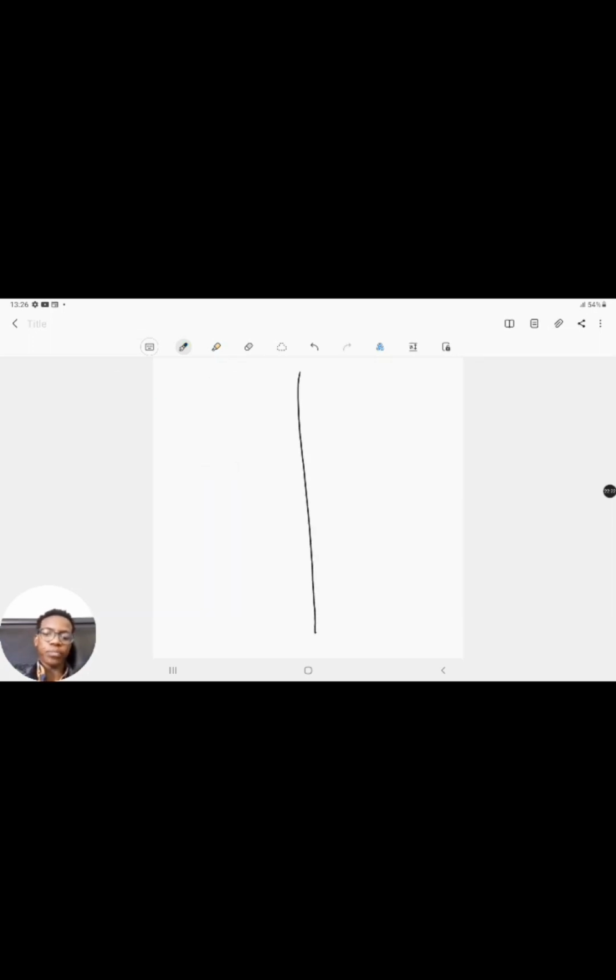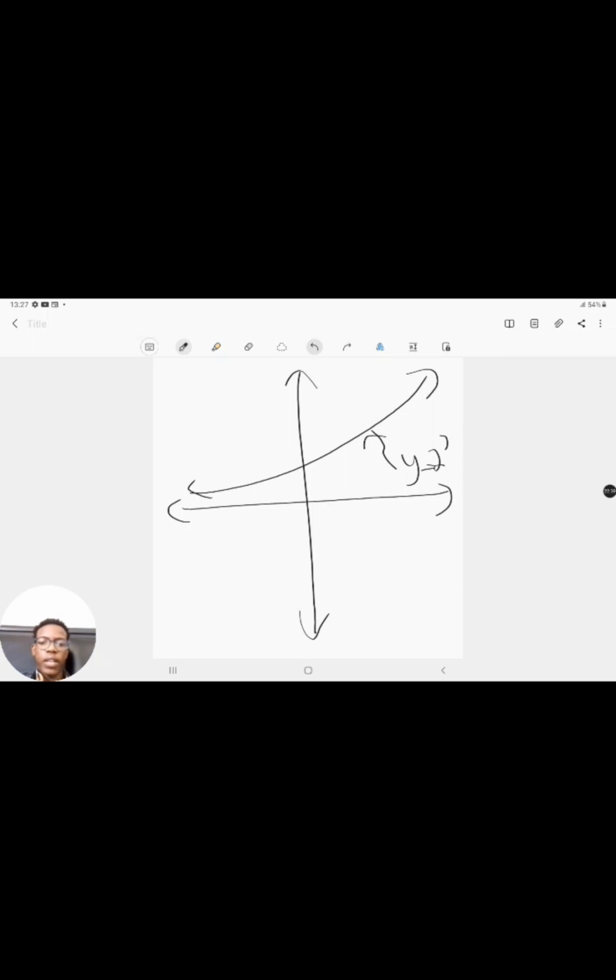We've got our Cartesian plane there, and we've got our original graph that looks like that. We know that the equation of this graph is y is equal to 2 to the power of x.